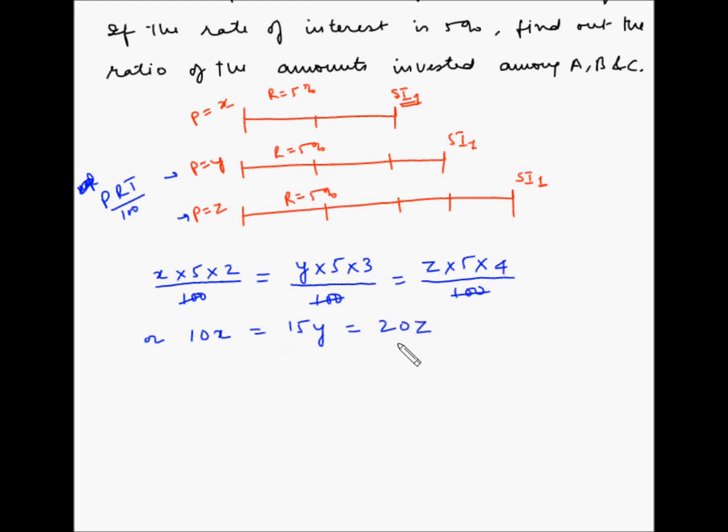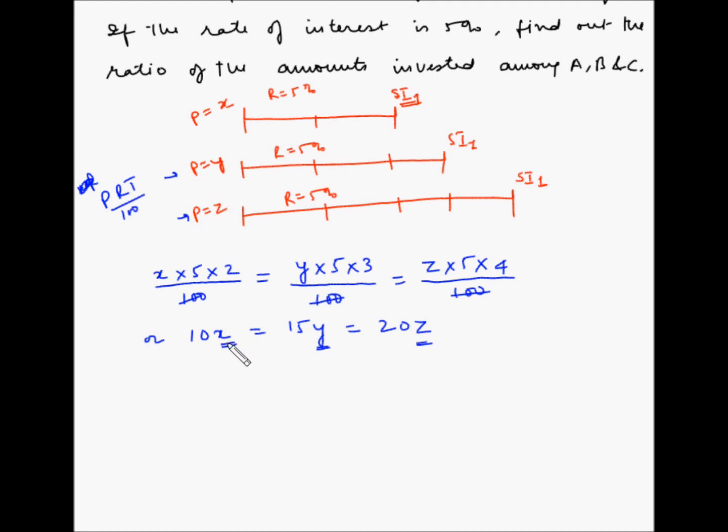What this expression means is that if you multiply x by 10, it will be the same as if we multiply y by 15, and that will be the same as if you multiply z by 20. What this means is x is the biggest, y is smaller than x, and z is the smallest.